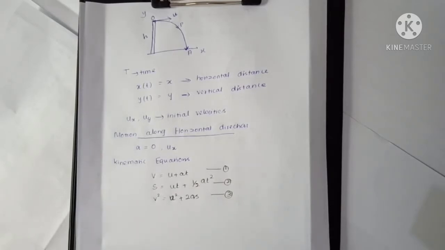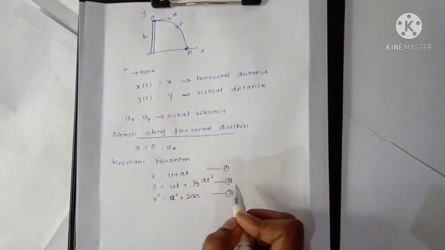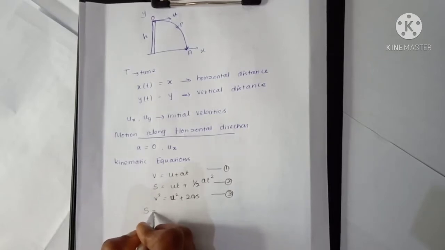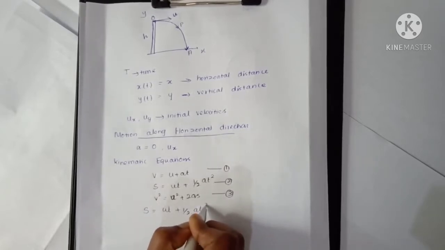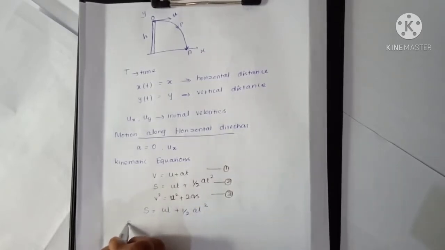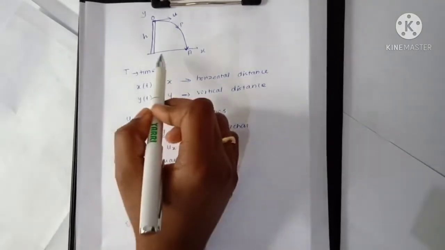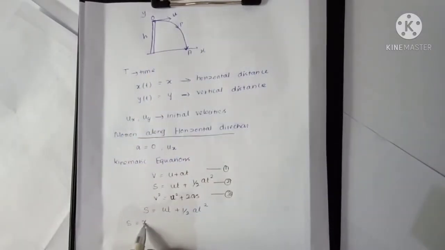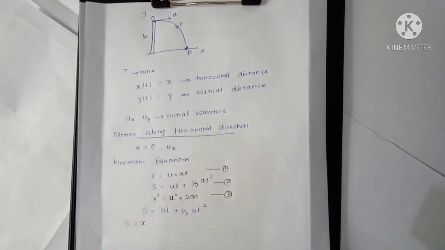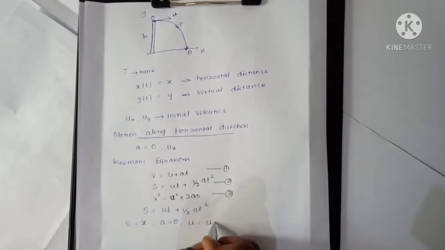From the second kinematic equation we are going to find the displacement s. s is equal to ut plus 1 by 2 at square. Here the displacement s is equal to x, because we are finding the motion along the horizontal direction, that is along the x-axis. Put a equal to 0 and u equal to ux.